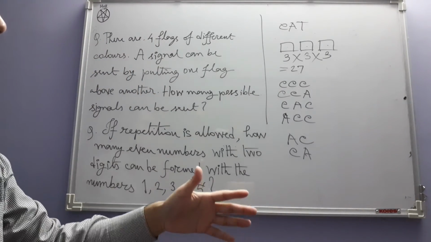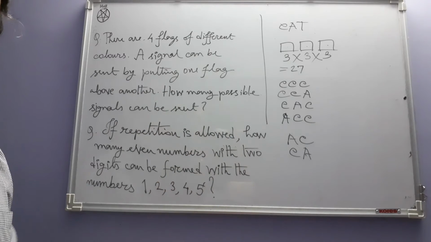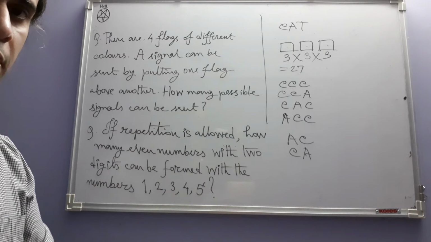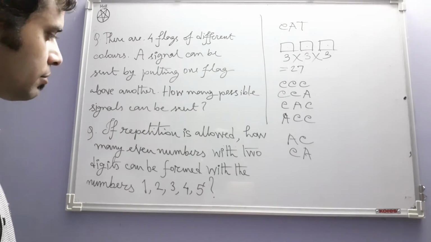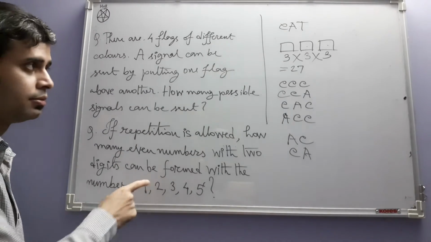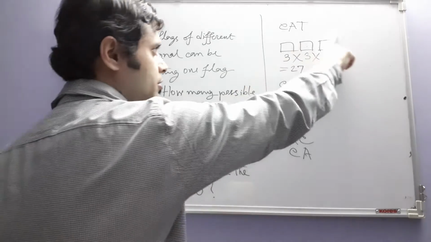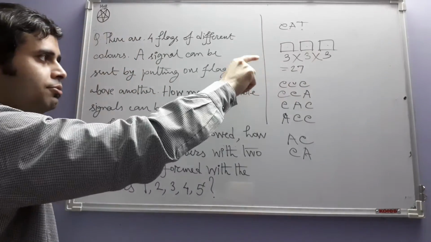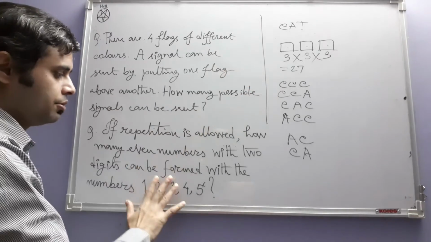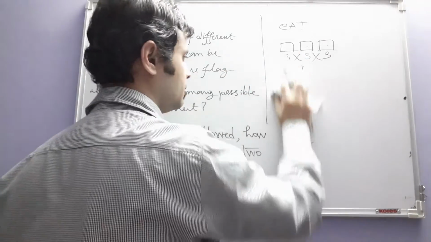This is a situation where the number of places can be more than the number of available objects simply because repetition is allowed. So this sort of application of the principle of counting has to be used in solving this problem.